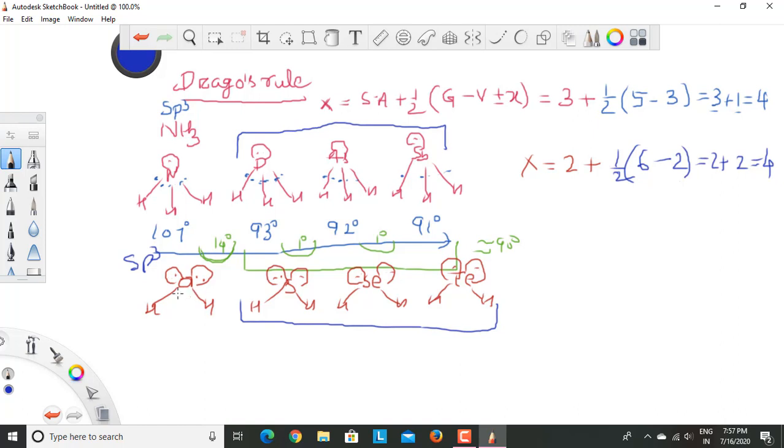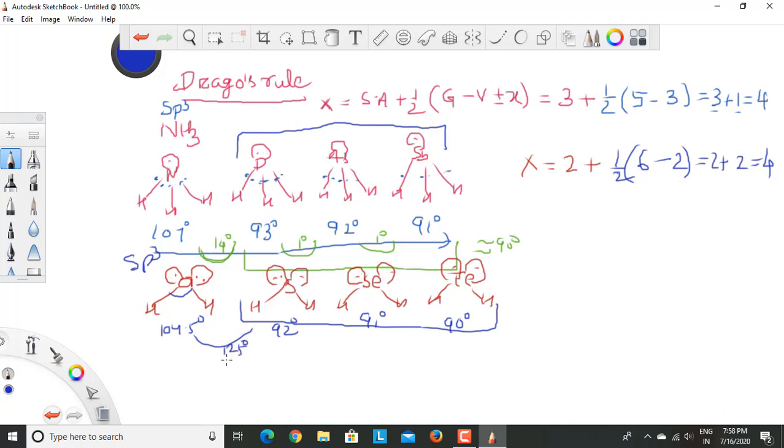In water, the bond angle is 104.5 degrees. The H2S bond angle is around 92 degrees. H2Se is approximately 91 degrees and this one is 90 degrees. So you see the bond angle decreases by 12.5 degrees.